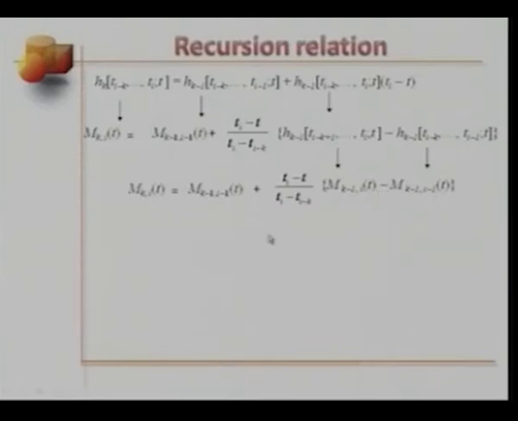I can rearrange the right hand side of this equation to club m_{k-1,i-1}(t) and m_{k-1,i}(t).